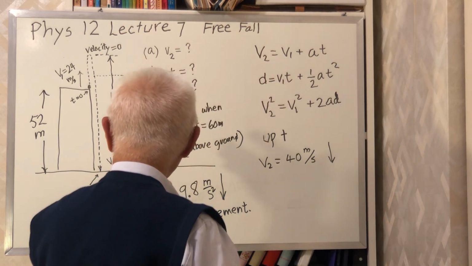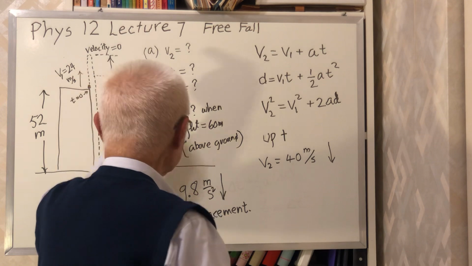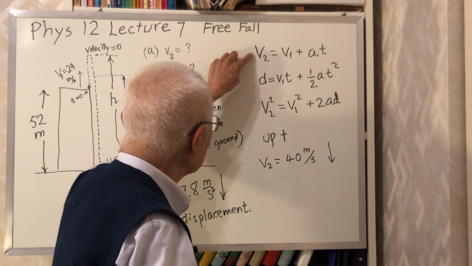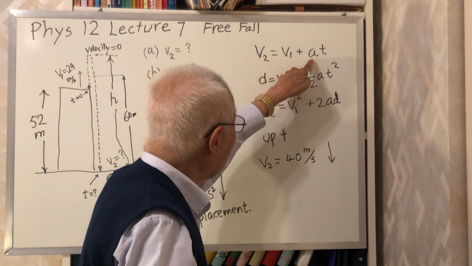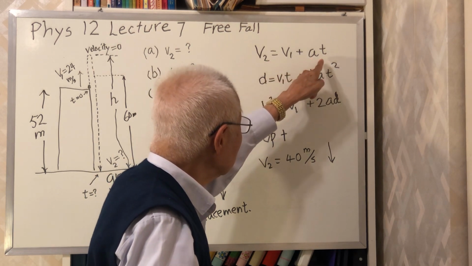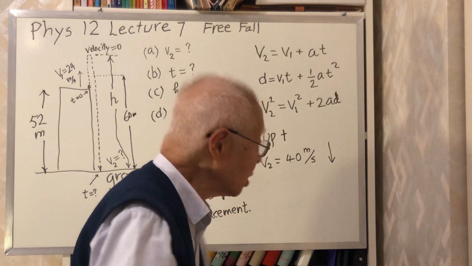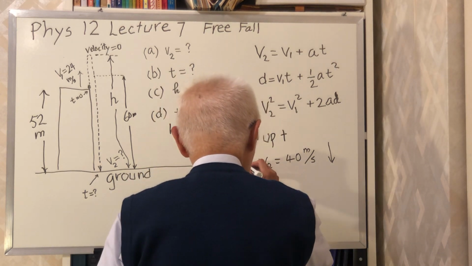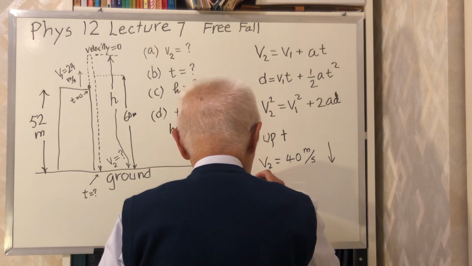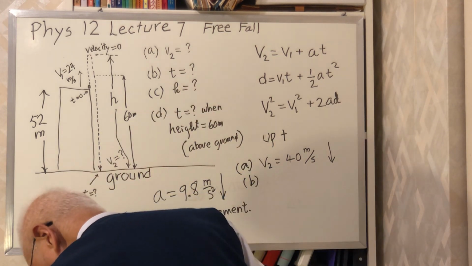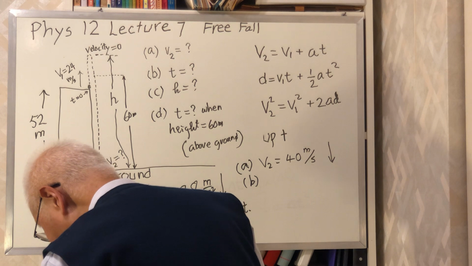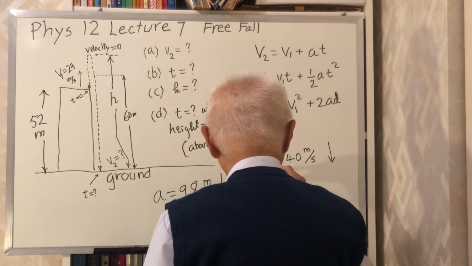V1 is you throw it up, so it's positive 24. Minus 40, positive 24, minus 9.8, you can find T. See? This is part A, and part B. You can find that the time turns out 6.5.